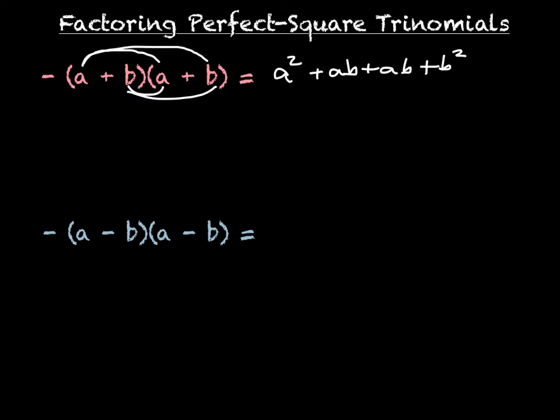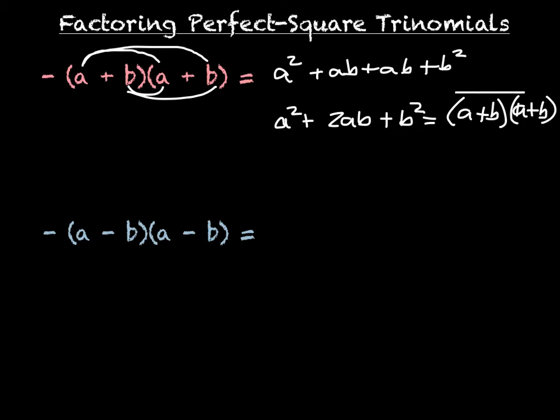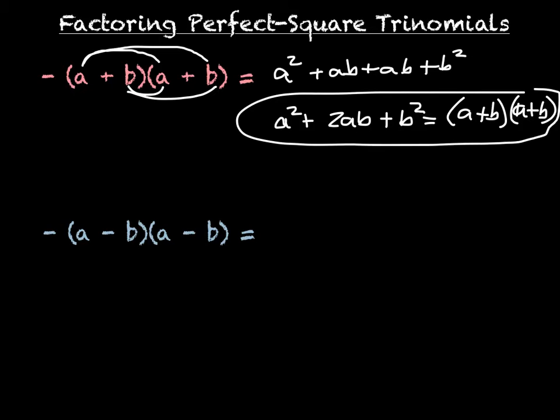So that means a squared plus 2ab plus b squared is going to be equal to a plus b, a plus b. So that would be how we would factor this perfect square trinomial.